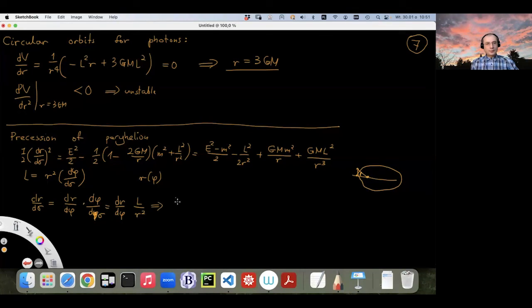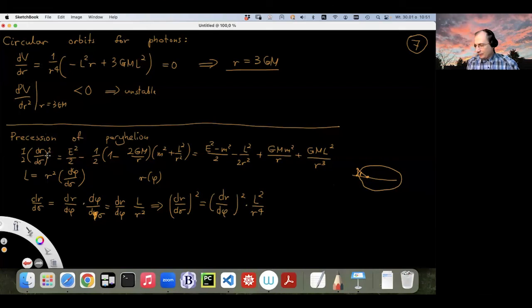So (dr/dσ) squared is equal to (dr/dφ) squared times L squared over r to the power of 4. It's also a trick we often use in the Newtonian central force problem. So we've got this expression over here.